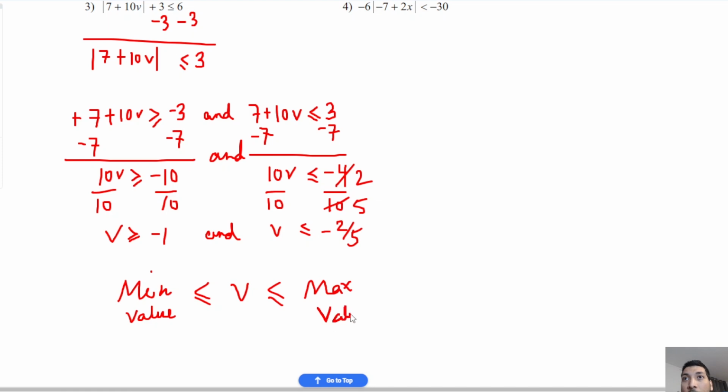So this is a quick shortcut that we can apply. So we have to see which one is the lowest value here, -1 or -2 over 5. Definitely -1. So we write this -1 right here, less than or equal to v, less than or equal to -2 over 5. We see that both of these inequalities have an equal sign underneath, so we are using the equal sign.